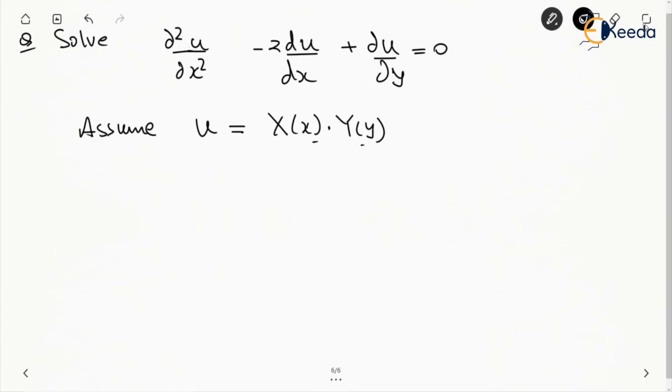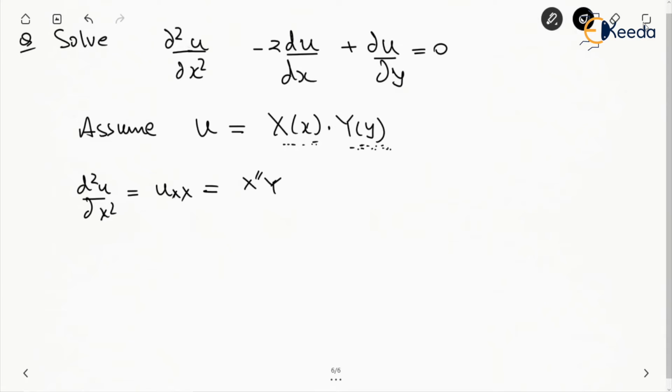Then we can see that if we have to find d2u by dx2, or I'm directly writing it as uxx, this means it is partial derivative in terms of x twice, second order. So this can be written as X double dash Y. Why? Because this Y is independent of x, so when we are differentiating with respect to x, this Y term will be taken as a constant.